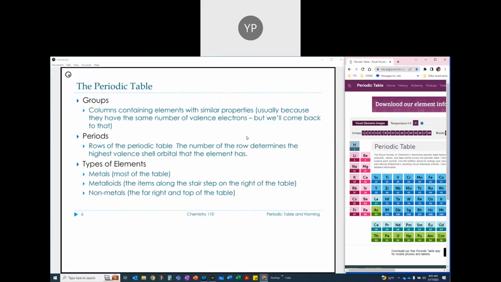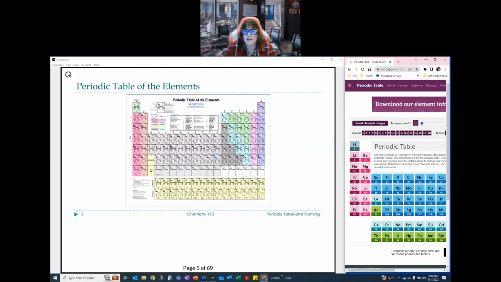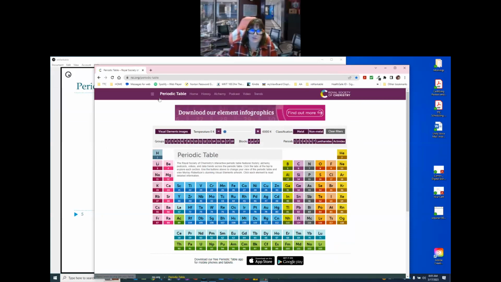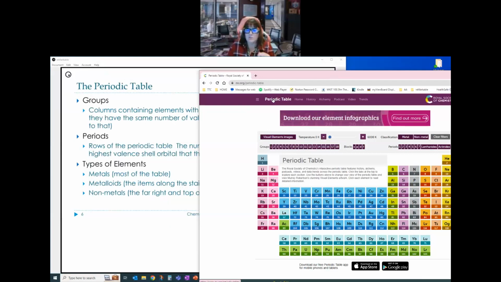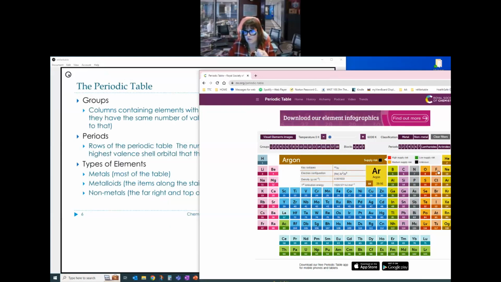There we go. So this set of guys here in light blue, that's the stair step that I'm talking about. So that's usually shown on the periodic table. It's not on this particular one. So good choice. Excellent. So those are our metalloids. And then we have our nonmetals, which is this corner up here. It's important that we know whether it's a metal or a non-metal. We'll talk about why that's important today. But those are the things that we're going to be talking about in terms of those parts of the periodic table. Okay.